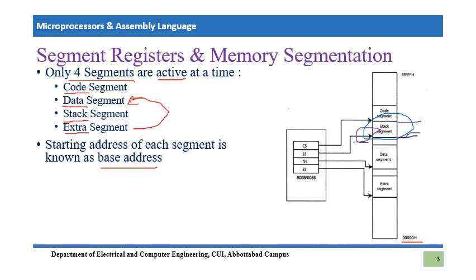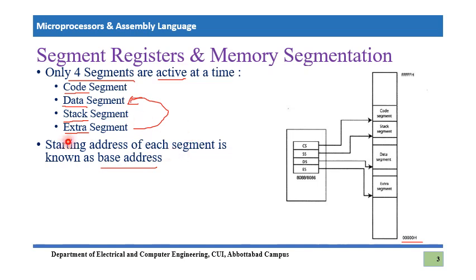So a stack segment register contains a value which is the address of the lowest byte of the segment, and this fact is true for all other segments, including data segment and extra segment. So the lowest byte of every segment is stored in its corresponding segment register.